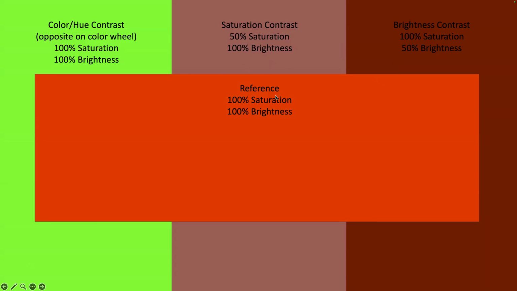So a little bit different than the saturation contrast. So you got all three here. You've got color contrast, saturation contrast, and brightness contrast. So I think you can kind of see how the bright colors advance. They feel like they're impinging on you a little bit, but the darker colors go to the background, recede a little bit.